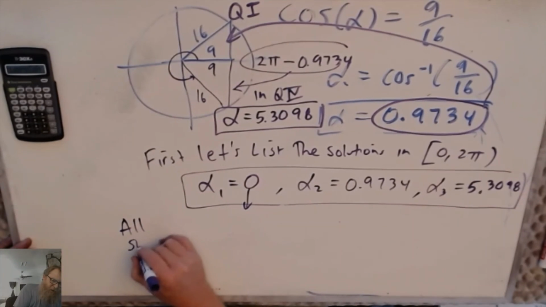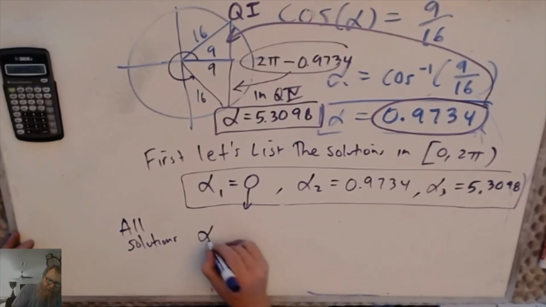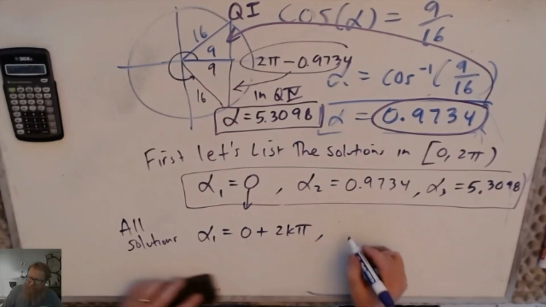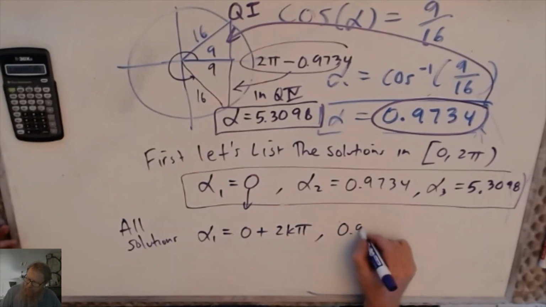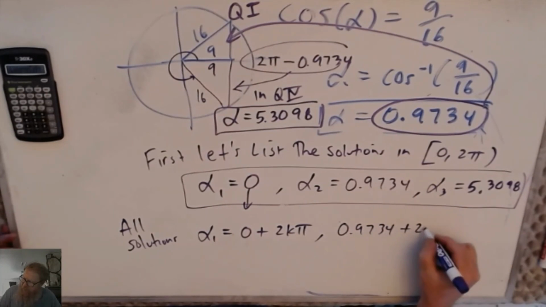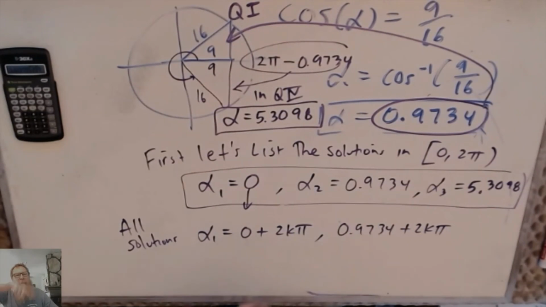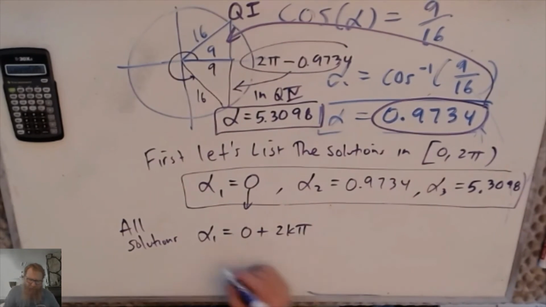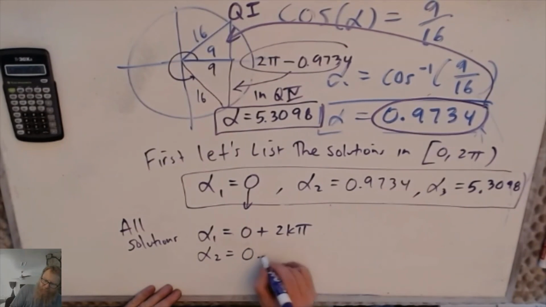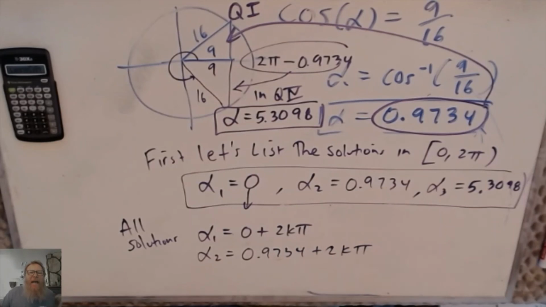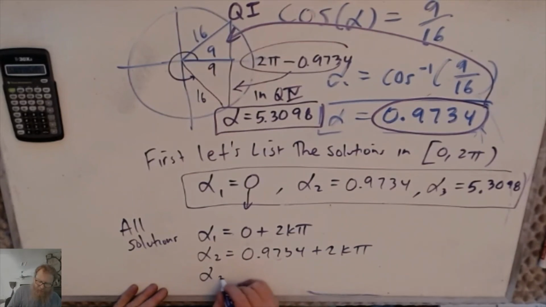So to find all solutions, it would be 0 plus 2k pi, 0.9734 plus 2k pi. So every multiple of 2 pi puts you back in the same place. Or you could say 2 pi k, or there's lots of ways to say it.